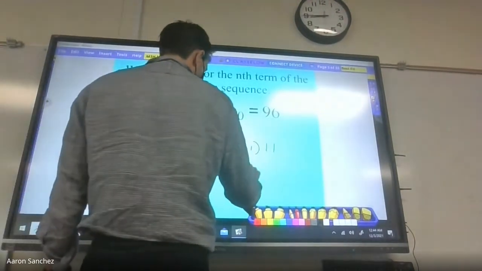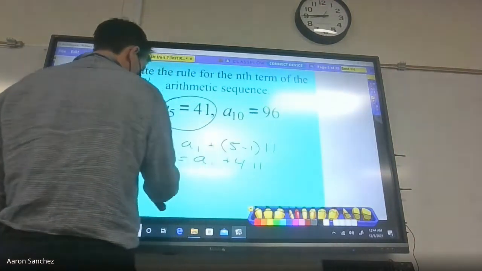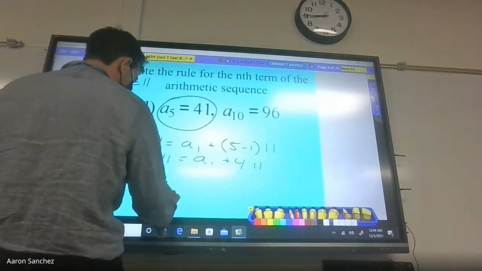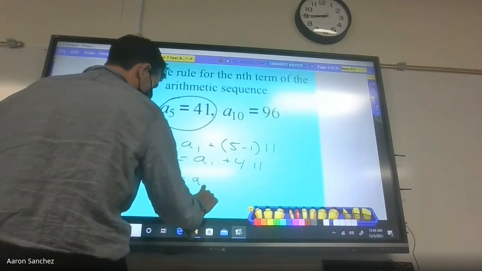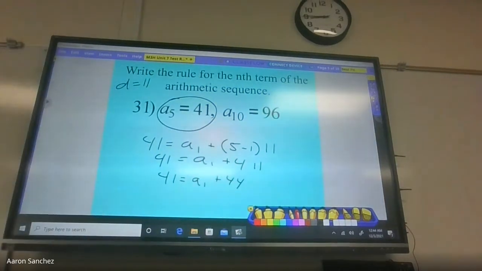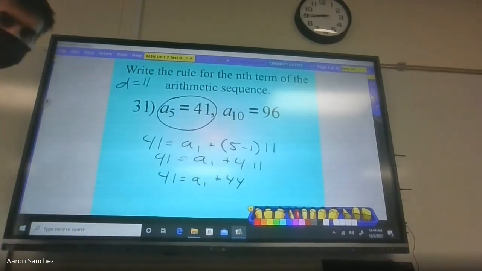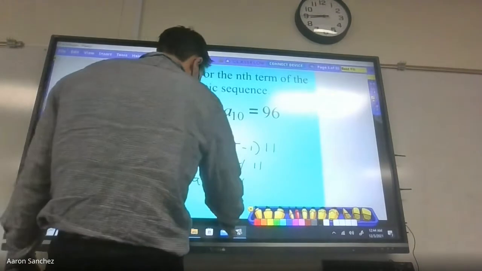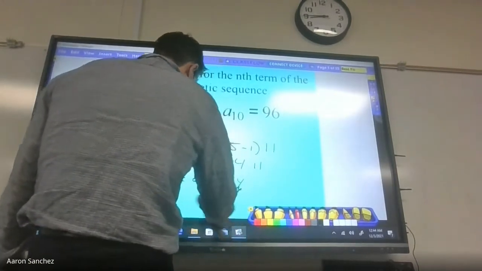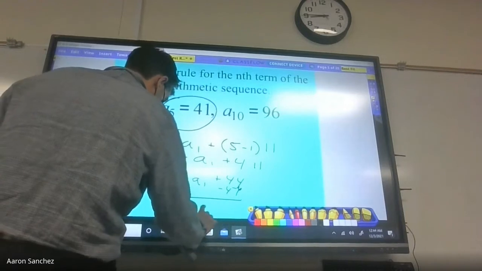So 4 times 11 plus a sub 1 equals 41. Equals 44. Subtract 44 on both sides. Negative 3. And you get a sub 1 equals negative 3.